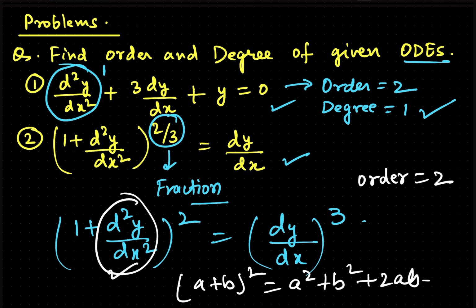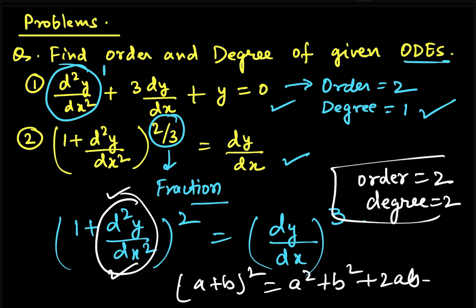We know that the power of the highest order derivative is the degree of the differential equation. So here your degree will be 2. That's how you find the order and degree of a differential equation.